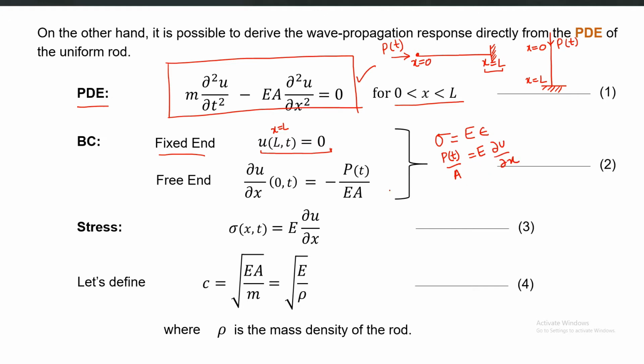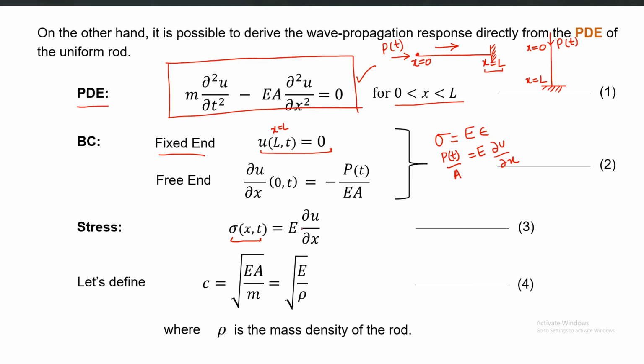The minus sign shows the compressive stress, because the applied force is assumed in the direction of propagation of the wave. This applied force directly induces a wave which will travel along the length in the rightward direction. The stress at any distance x and any time t is described by equation 3: simply E times the displacement gradient, partial u over partial x.